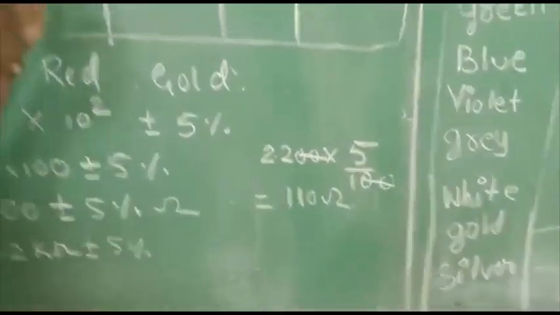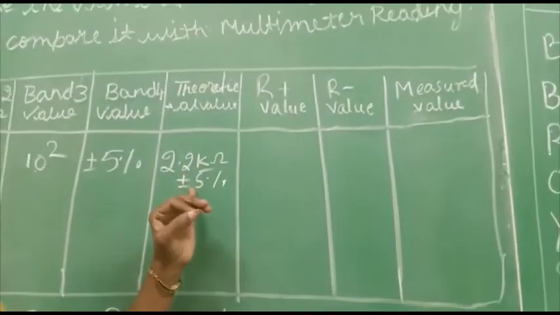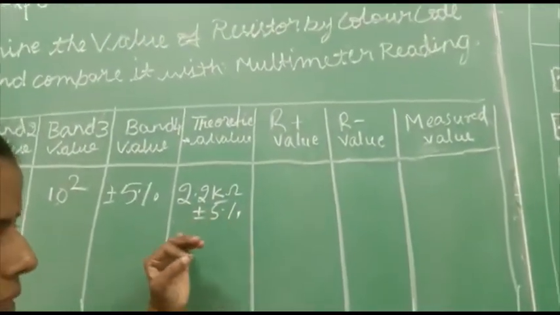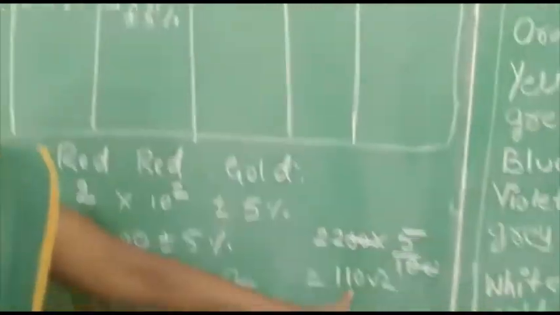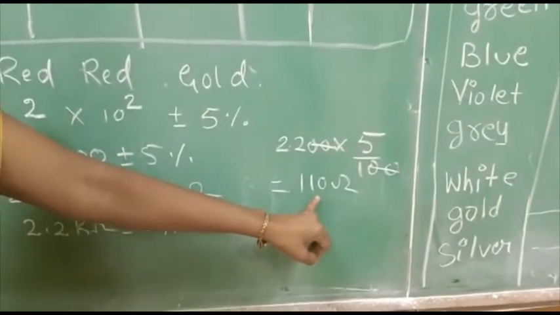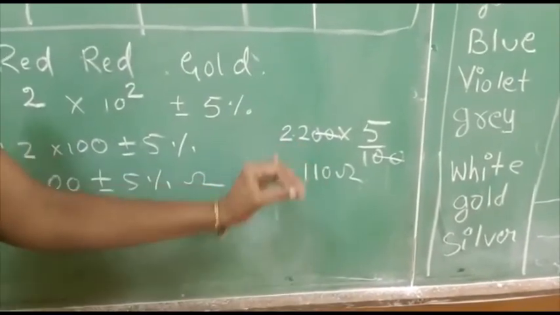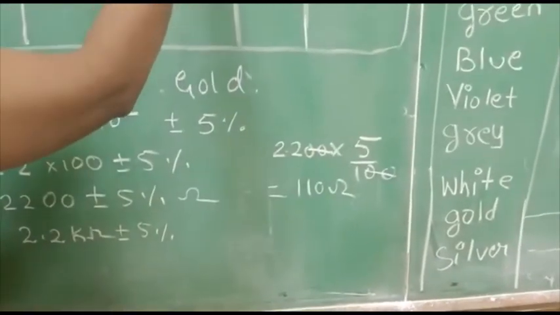So for every resistor, the tolerance value will be given. This tolerance value will be either on the plus side or the minus side. So I calculated for 5%, I got it as 110. So the true value plus 110 we may get, or the true value minus 110 we may get. One time we will add it, we will get the R plus value.